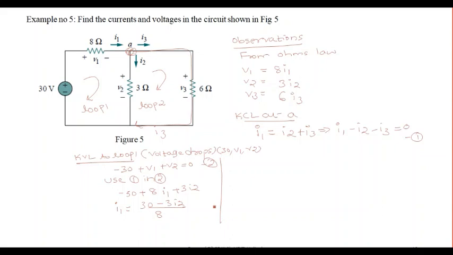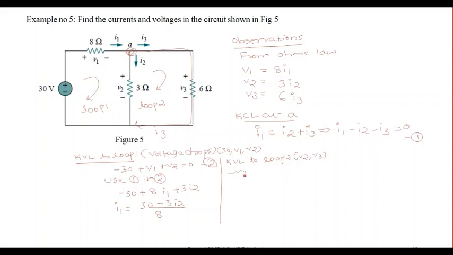Similarly, if we apply KVL to the second loop, which voltage drops do we have? Only two: going clockwise, V2 and V3.